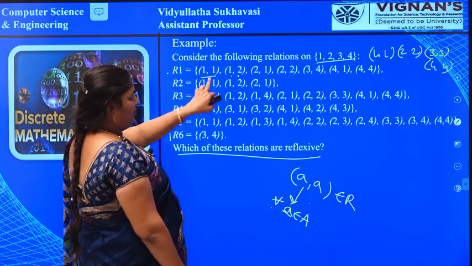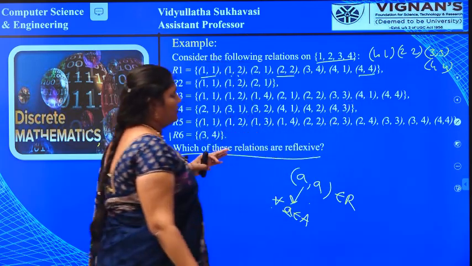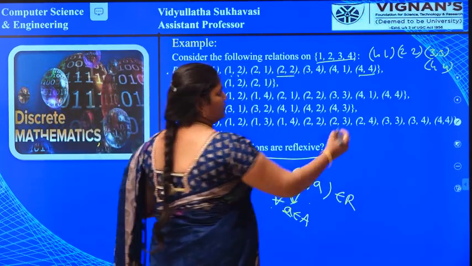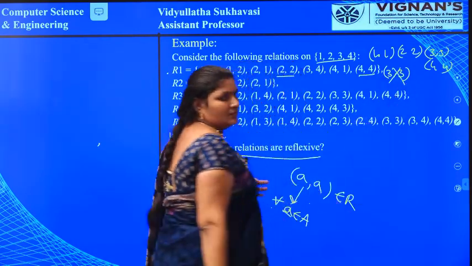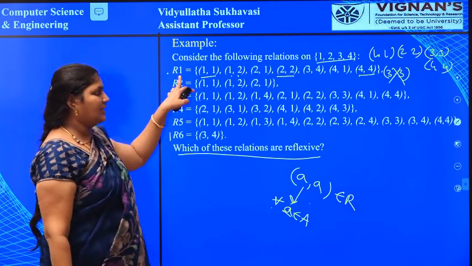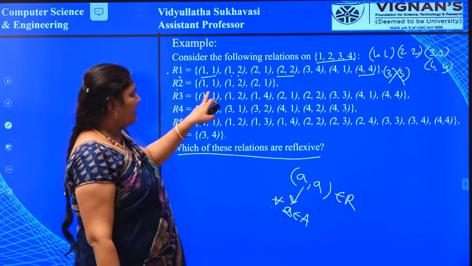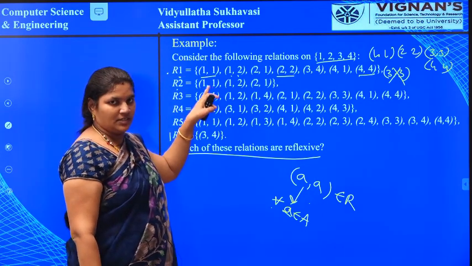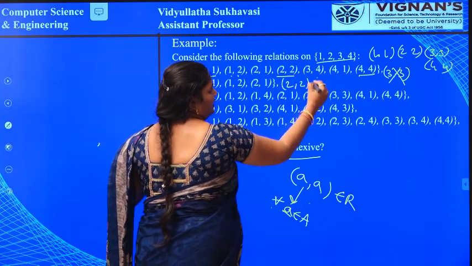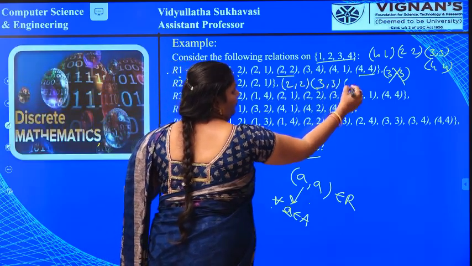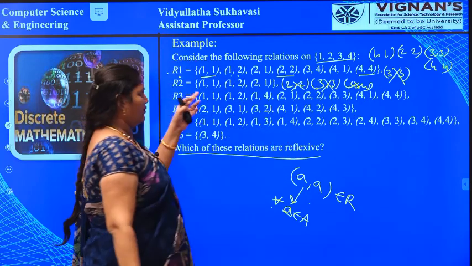See here, in R1, 1 comma 1 is there, 2 comma 2 is there, 4 comma 4 is there, but 3 comma 3 is not in the relation R1. That's why R1 is not satisfying the reflexive property. Next, see R2. Here only 1 comma 1 is present, and the remaining 2 comma 2, 3 comma 3, 4 comma 4 are not in the relation R2.